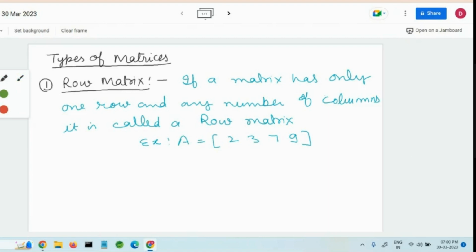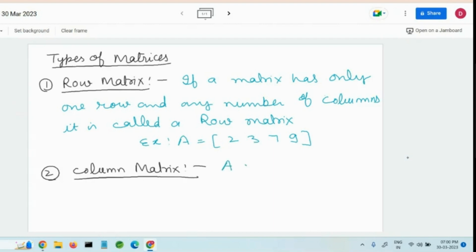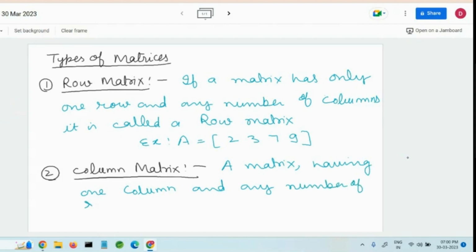Now the next is the column matrix. A column matrix is a matrix having one column and any number of rows.